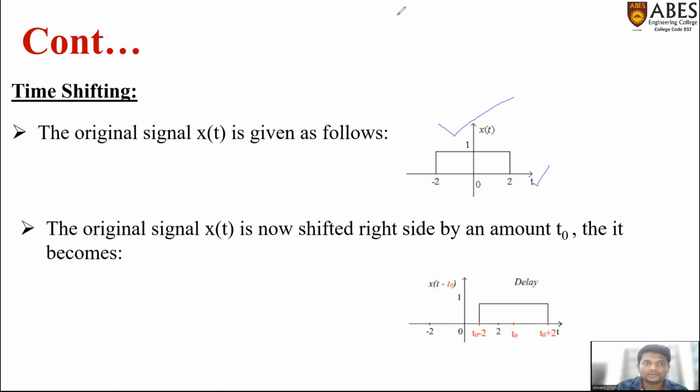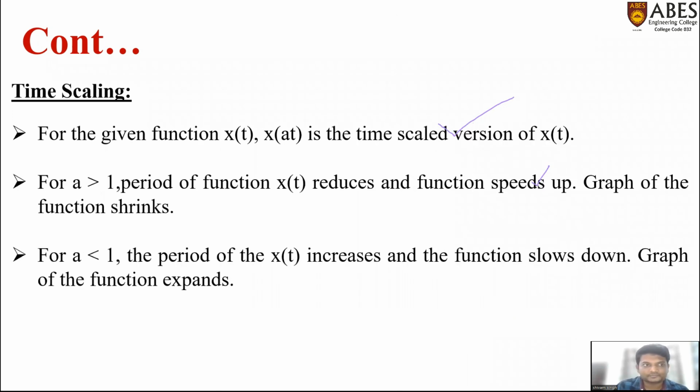Moving towards another property, time scaling. For the given function x of t, x of at is the time scaled version of x of t. Here a denotes the scaling value.